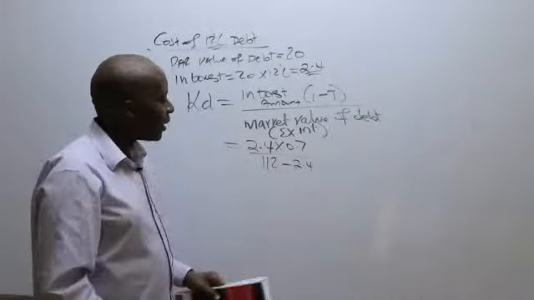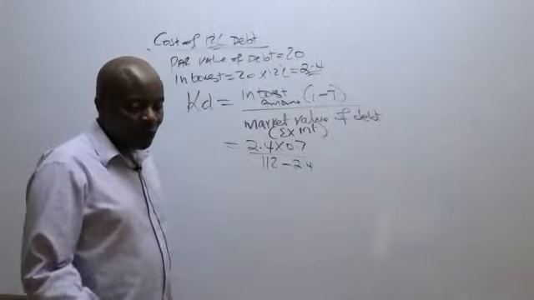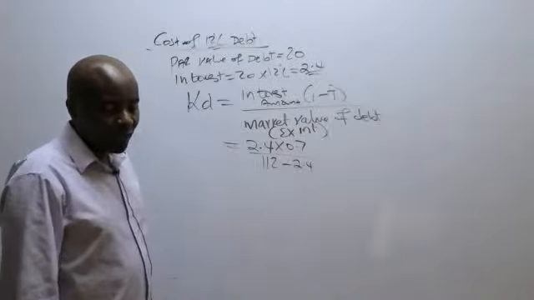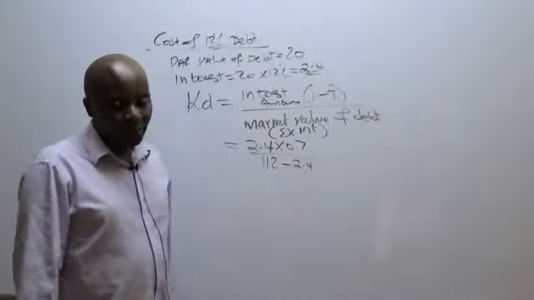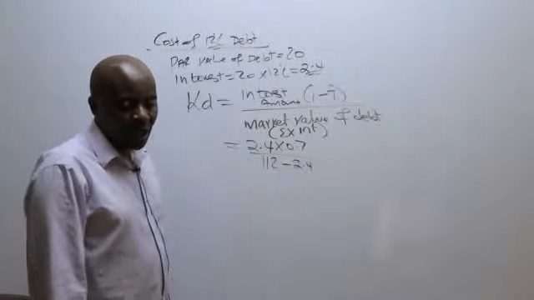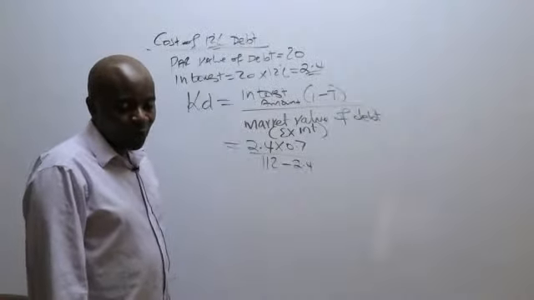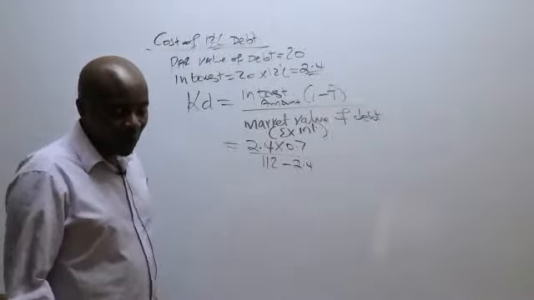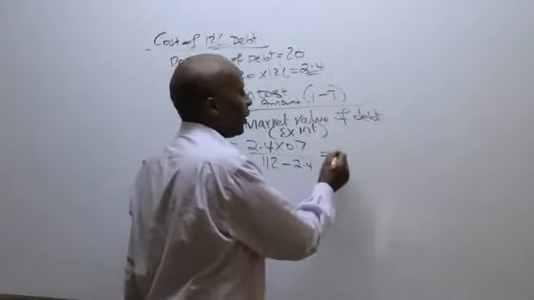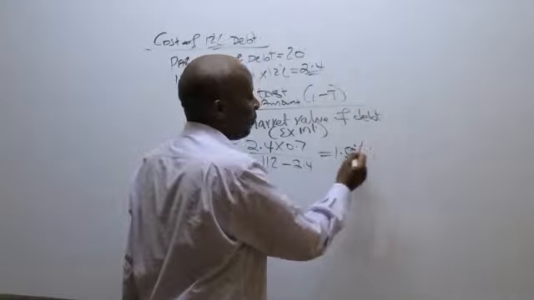KD stands for cost of debt. What are they able to get? Please don't remain silent for too long, because we need to go to other things. Is there somebody who is getting approximately 1.53? Yes. There's somebody who has confirmed there, 1.53%.